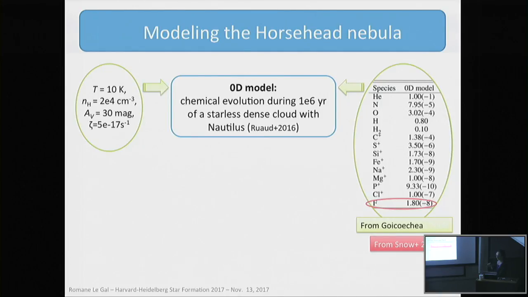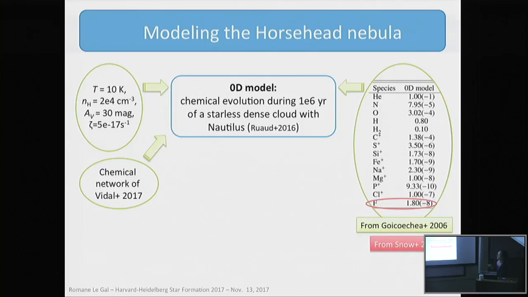So this is a rate equation model, which takes as an input a chemical network. For that, we took a very recent chemical network. It will compute the abundances of each species at each time step until a fixed time that we determine.